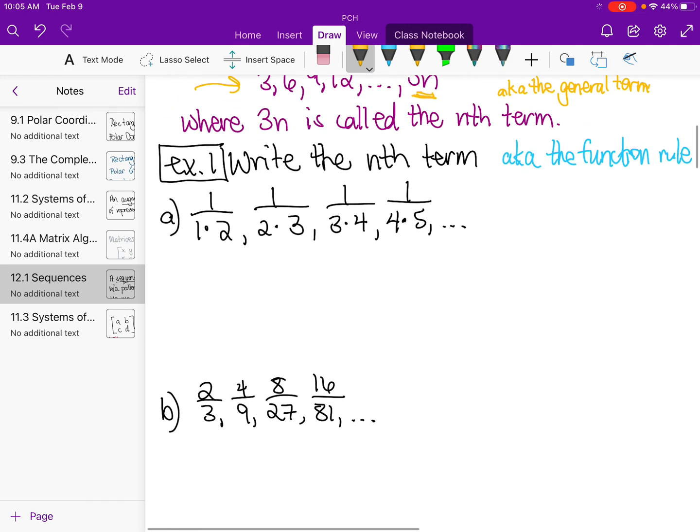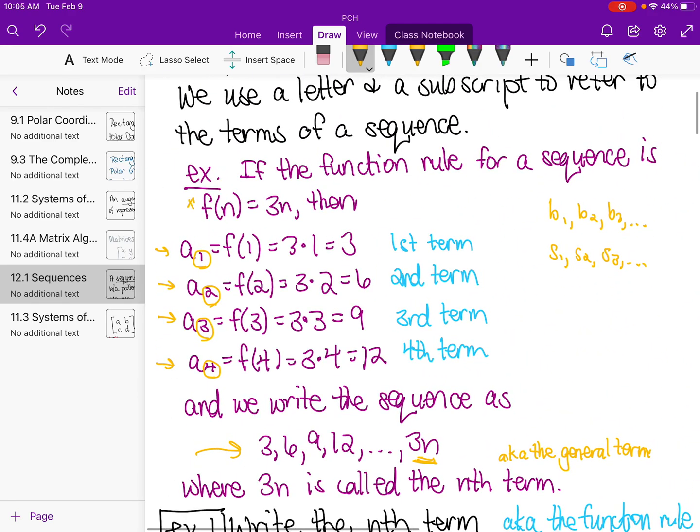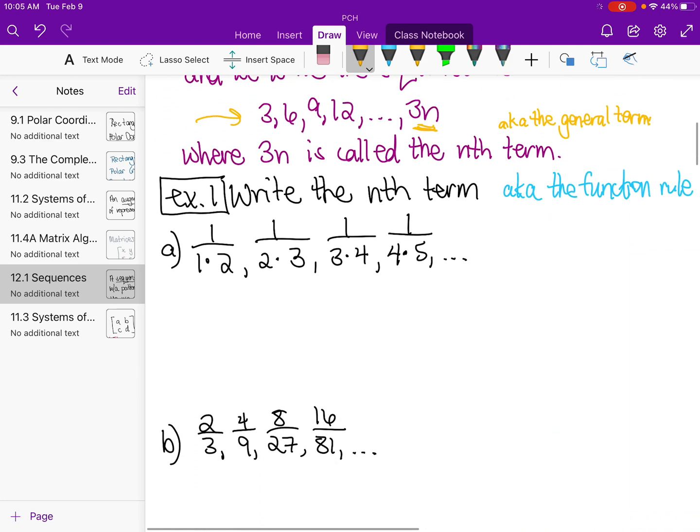So write the nth term for these sequences, also known as the function rule. We want to write something that looks like this, the function rule or the nth term. What I suggest is you get comfortable with recognizing the notation for the term itself.